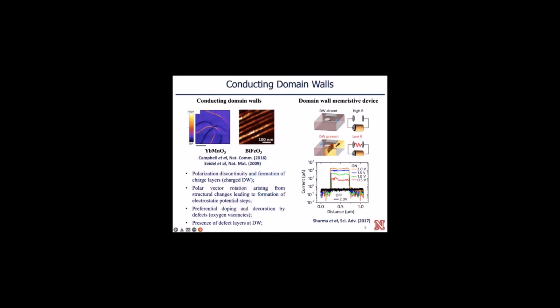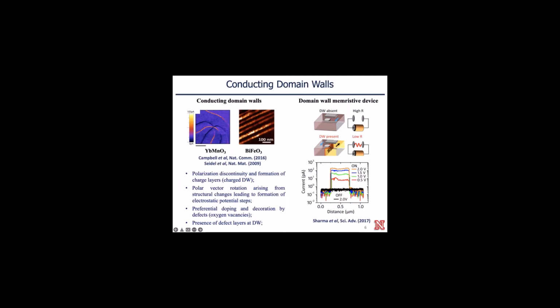And just to give you a brief example of this new type of devices based on the domain walls, it's shown here. So the function of these devices is entirely related to the presence or absence of the domain walls. For example, if you have electrically conducting walls, electric field induced switching between structures where the domain walls connect the electrodes, like here, or where the domain wall is absent and the electrodes are disconnected, could give rise to low or high resistance states of the devices.